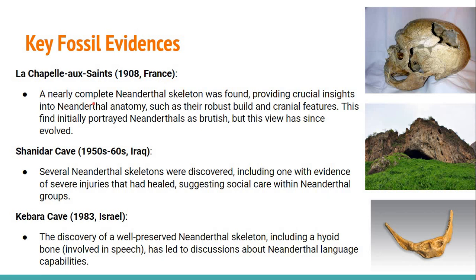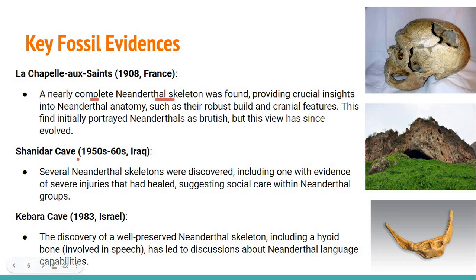A nearly complete Neanderthal skeleton was found, providing crucial insights about Neanderthal anatomy, such as their robust build and cranial features. This find initially portrayed Neanderthals as brutish, but this view has since evolved.